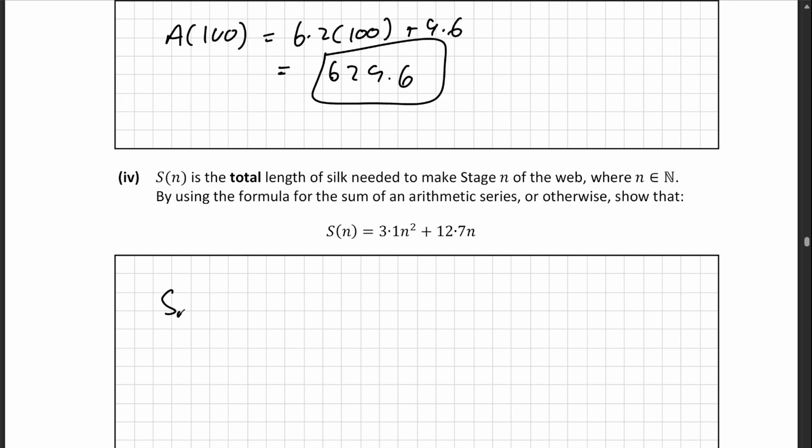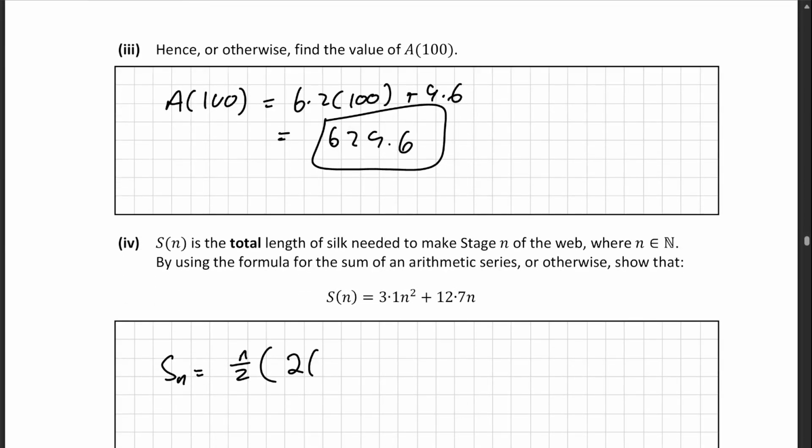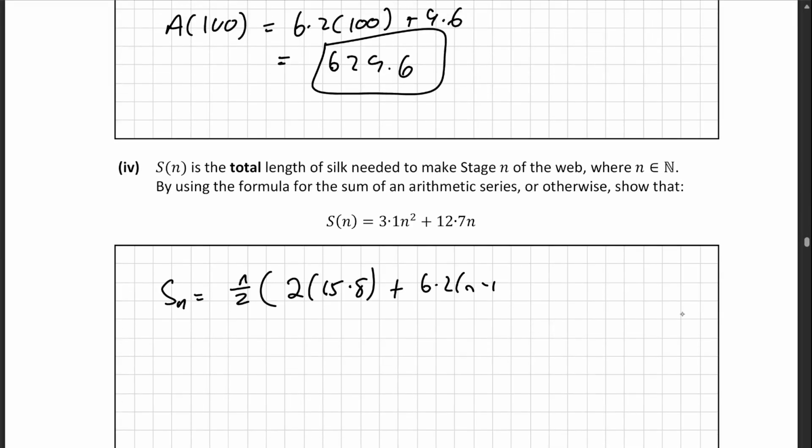Use the formula to sum an arithmetic series to show that that is true. Okay, so Sn is n over 2 times 2 lots of the first term, which is 15.8, plus d, which is 6.2, times n minus 1. N over 2, now 2 lots of 15.8 is 31.6, if I can even write numbers properly, because there's no colon in there. 31.6 plus 6.2n minus 6.2.